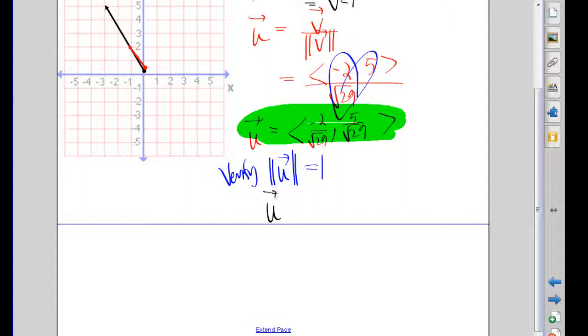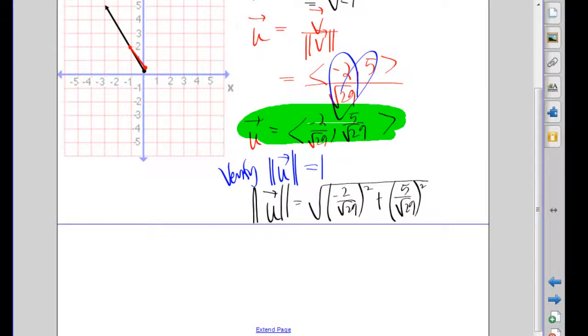So the square root of -2/√29 squared plus 5/√29 squared. Let's clean these up.